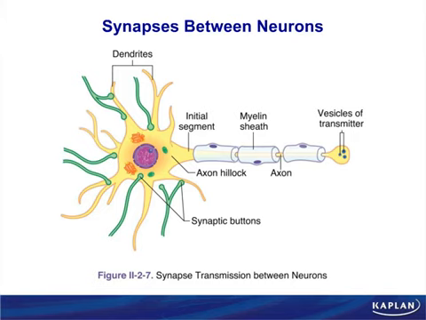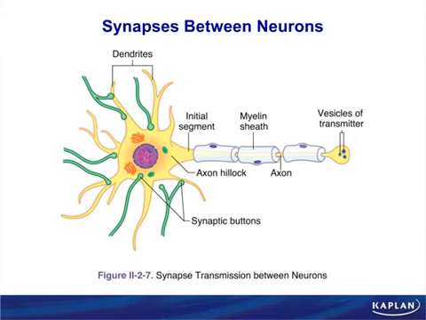All right, for the next part of this chapter, let's talk about synapses between neurons. The basic cellular mechanism we already covered with the neuromuscular junction, but we do have a couple of things that we need to bring in. So here's a nice, beautiful figure of a neuron. Notice the cell body and all those dendrites sprouting out.